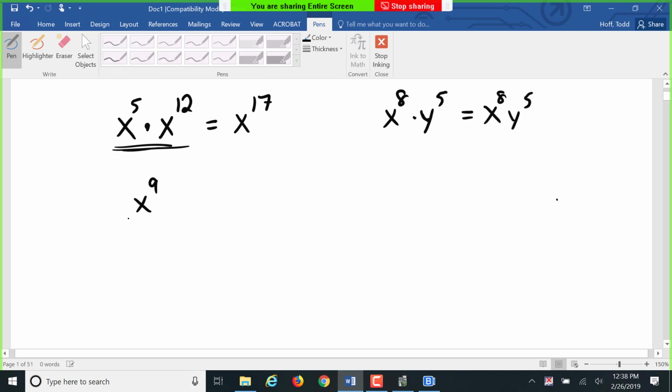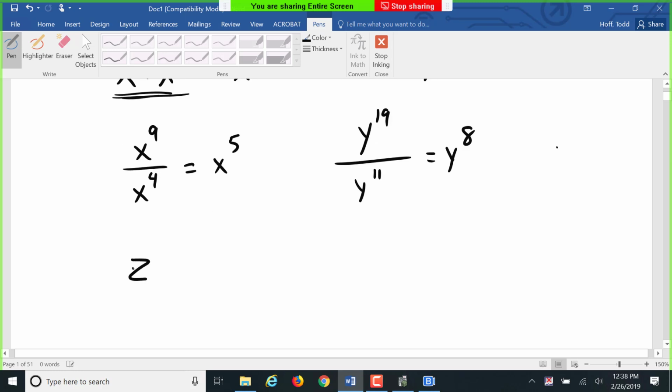Dividing, x to the 9th divided by x to the 4th is going to give us x to the 5th. Y to the 19th divided by y to the 11th is y to the 8th. Very good. Z to the 5th to the power of 9 is z to the 45th.